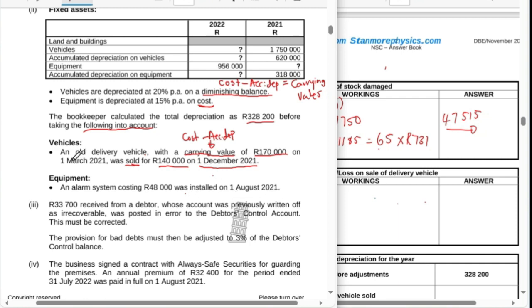So guys, let's understand this thing in accounting. As a business, if ever we want to sell an asset, we are going to sell that asset using what? Using carrying value, because this is the book value of the vehicle, and we are given that book value as how much? 170,000.